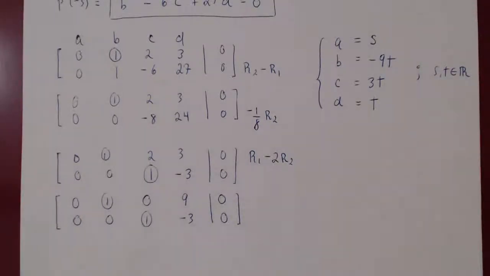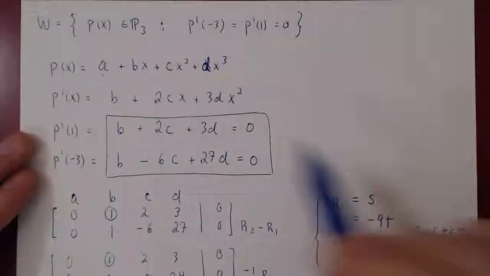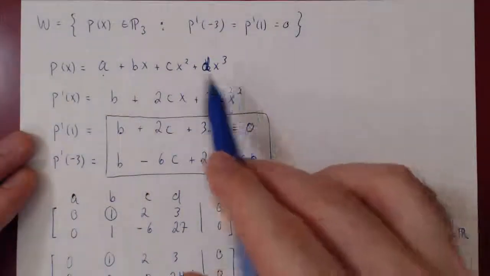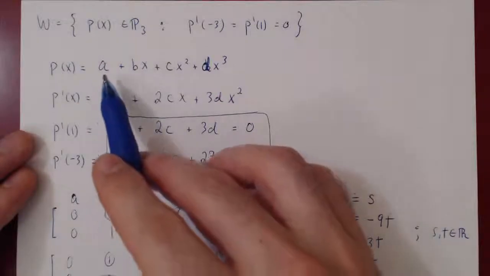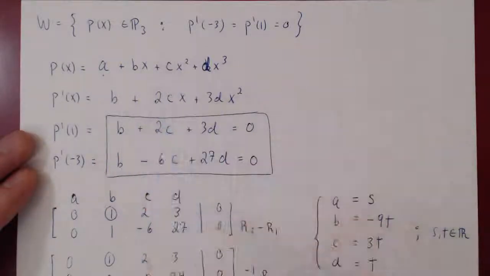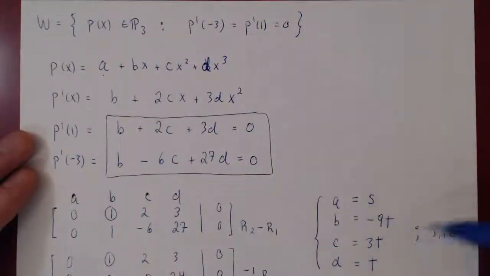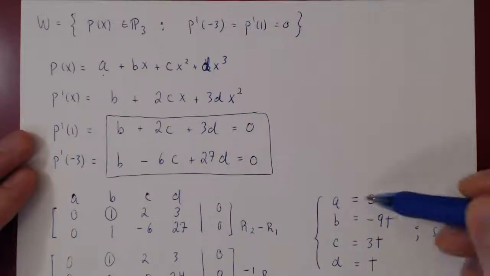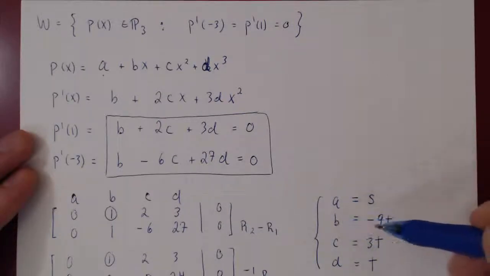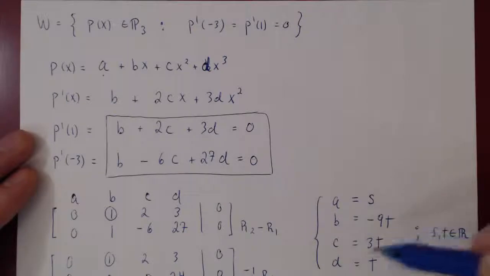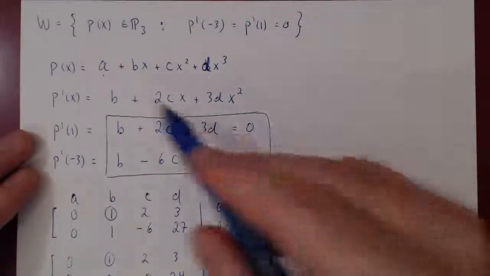Well, let us look back to our element, right? We were looking for a way to describe polynomials explicitly in W. So we didn't know what a, b, c, d were equal to, but now we do. For any choice of s and t, a must be s, b must be negative 9t, c must be 3t, and d must be t. So we can replace now.